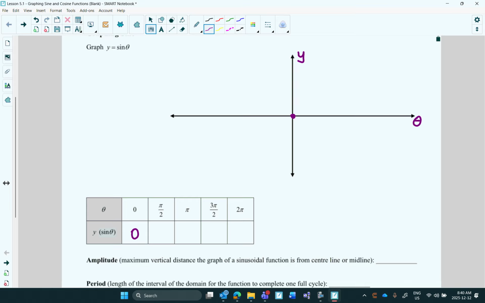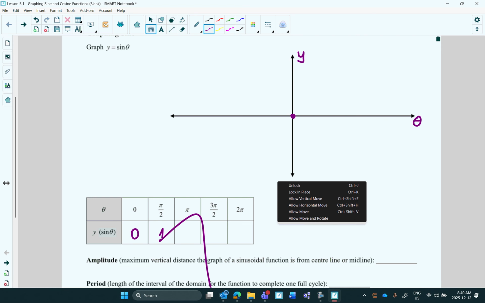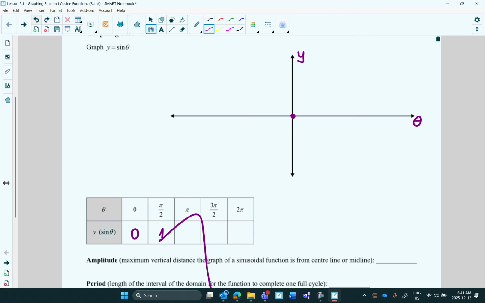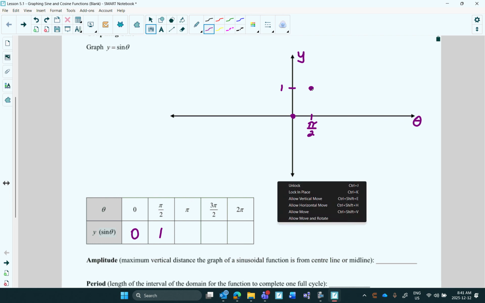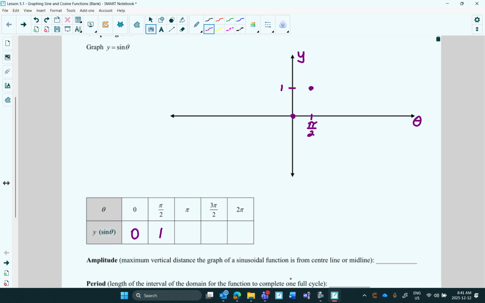The sine of pi over 2, using your unit circle. It's 1. So we'll put it up here. So this is pi over 2, 1. So the notches on the theta axis, we're going to go up by a half pi every time.